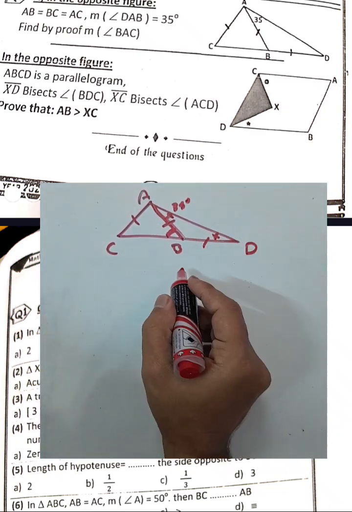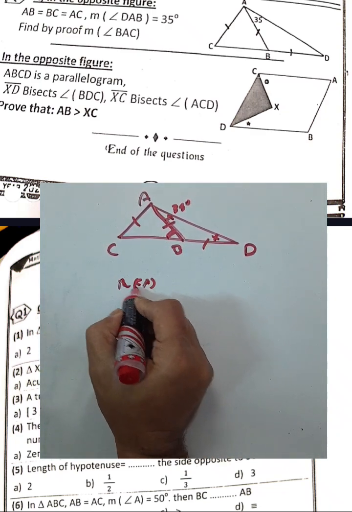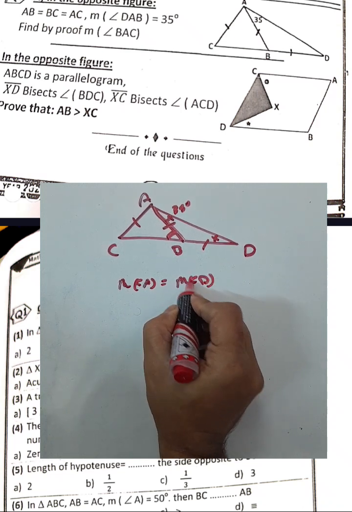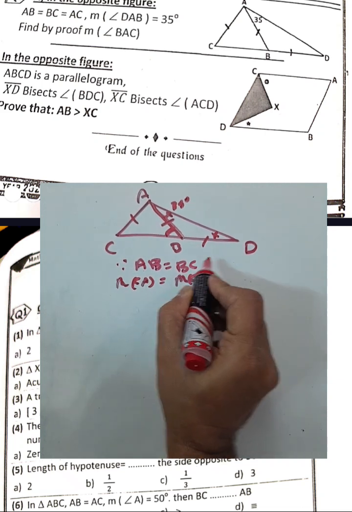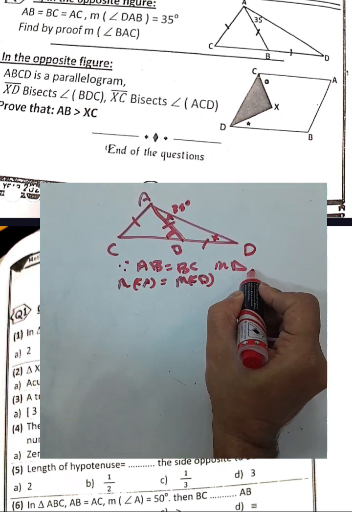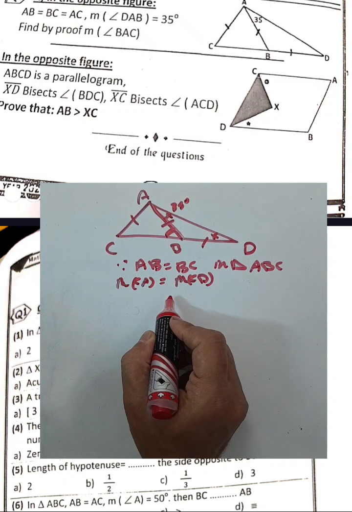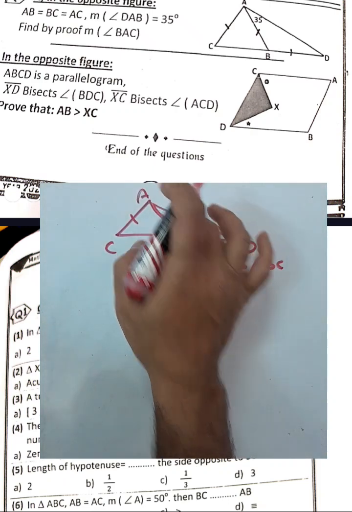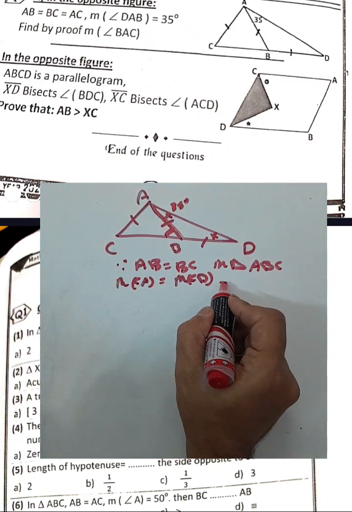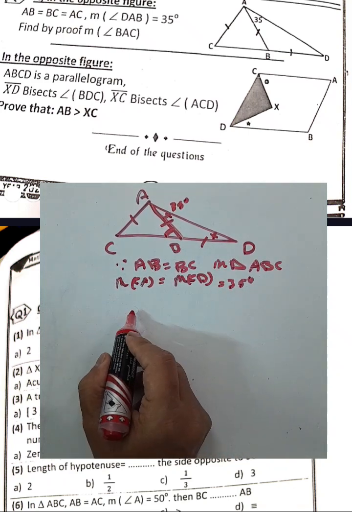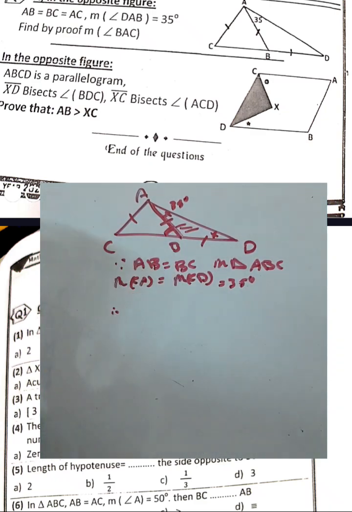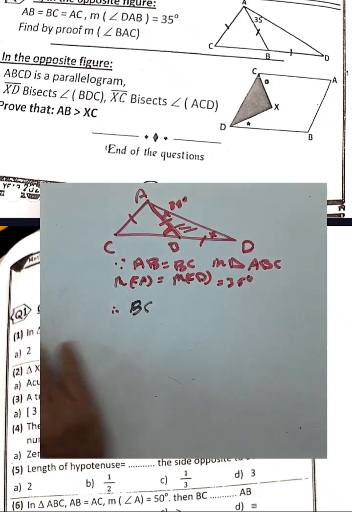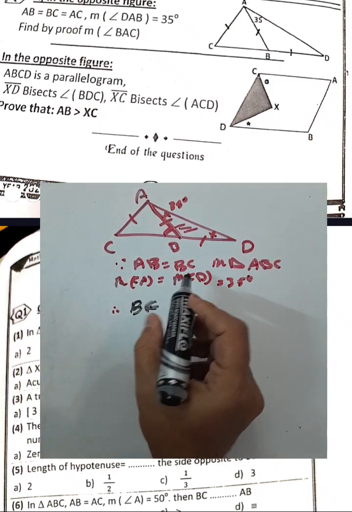You can find the measure of angle A will be equal to measure of angle D, such that AB was equal to BD in triangle ABC. The measure of angle D equals measure of angle A equals 35 degrees, and then you can find the measure of angle B because B is an exterior angle of this triangle, right? Such that B belongs to CD.